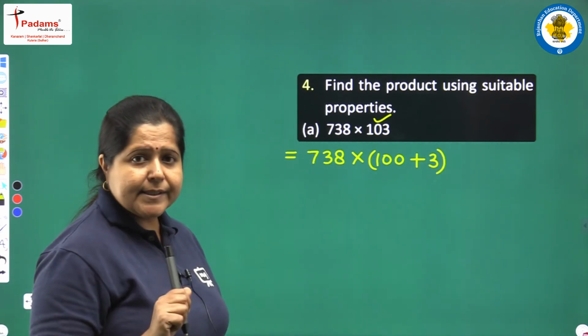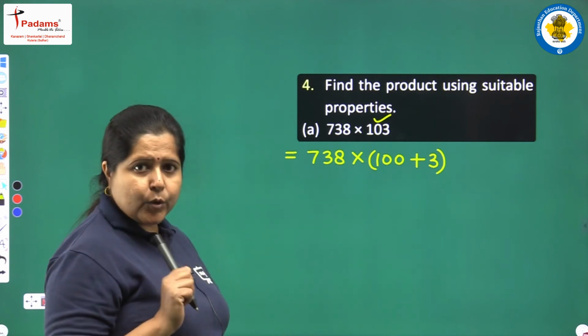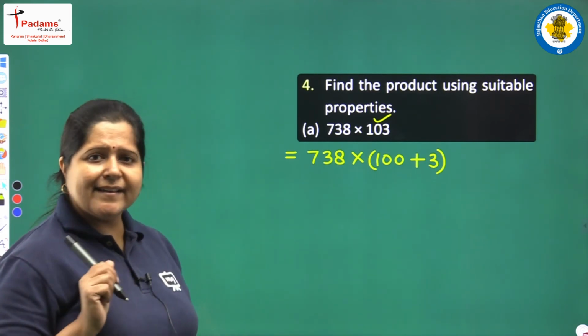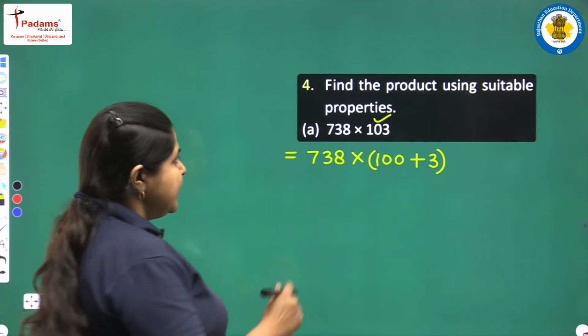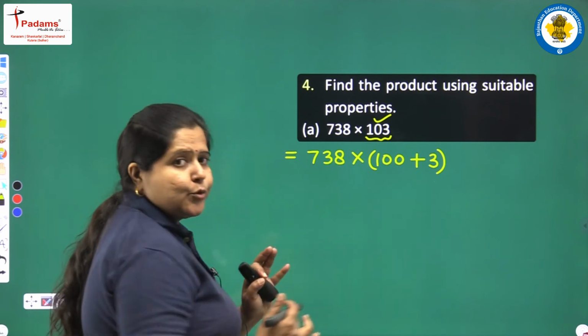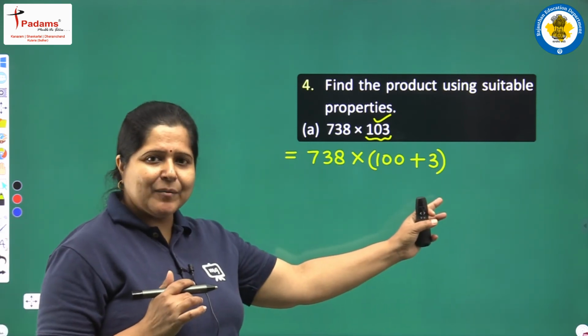Why we are doing this? Because it's always easy to multiply by 100, we know this, and it's again easy to multiply by 3 because it is a single digit number. That is why instead of multiplying by a 3-digit number, we have broken it into two parts, one with zeros and the other one a single digit number.